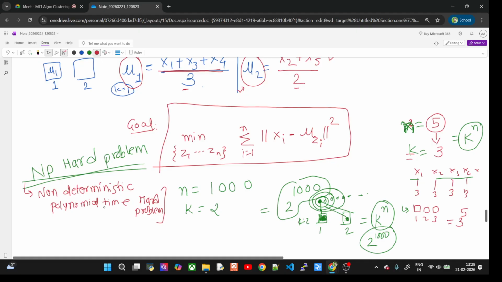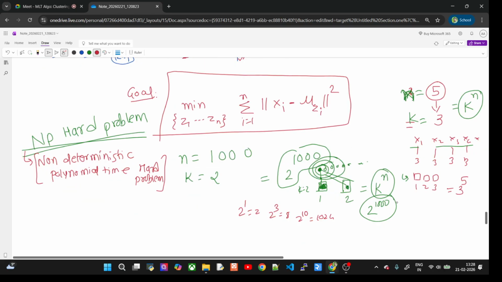Okay, so whenever somebody says this is an NP hard problem, it is possible, yes. 2 raised to 1 is 2, 2 raised to 3 is 8, 2 raised to 10 is 1024. Okay, these are the values. But 2 raised to 1000, you can get some value, but it's really complicated. It's not easy to calculate with pen and paper.